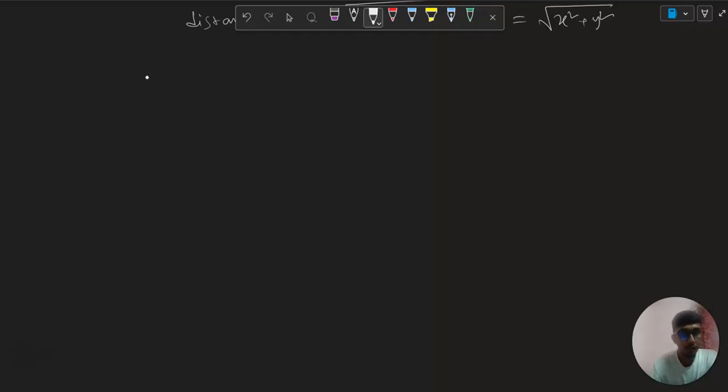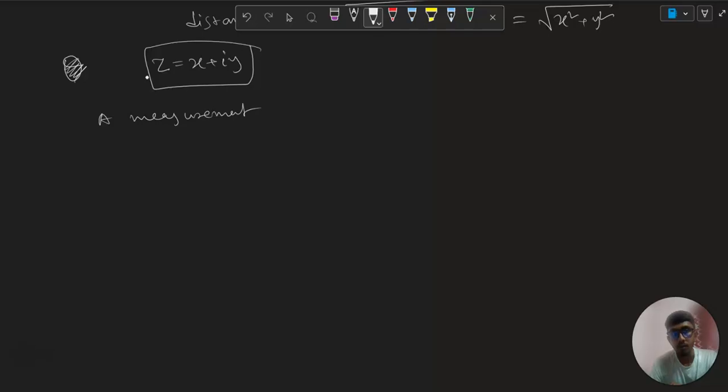So a measurement of the angle theta that the point z, our point z equal to x plus iy, say, right? This is a complex point.